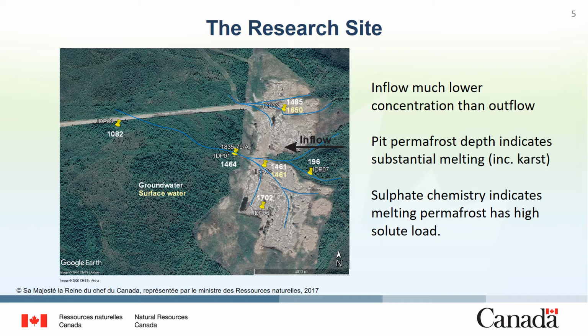What is interesting about this is that essentially the surface waters are the same sulfate concentration as the groundwater. This is essentially groundwater that's come to the surface. The large increase, along with permacast and various other pit ponds, indicates that there's active melting and active re-equilibration going on in this pit.